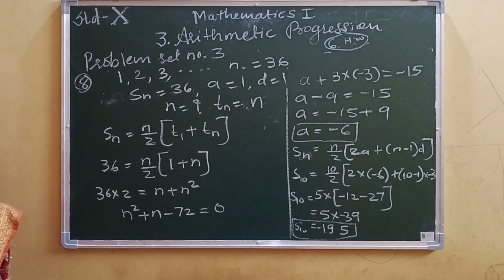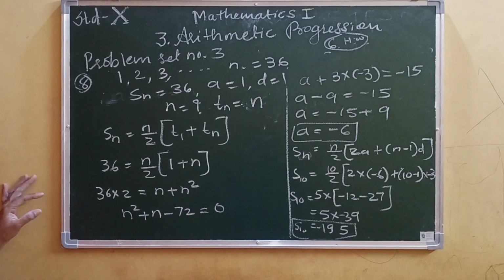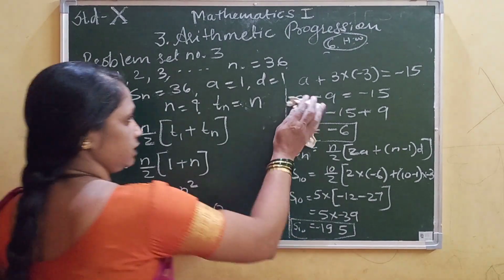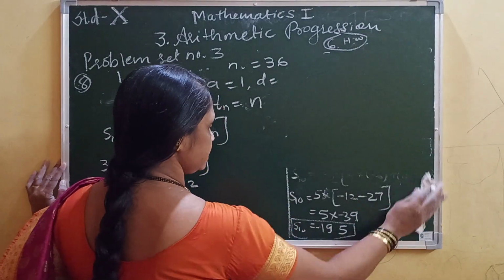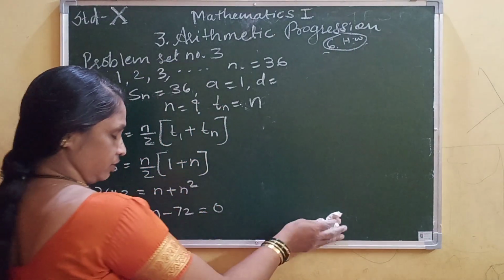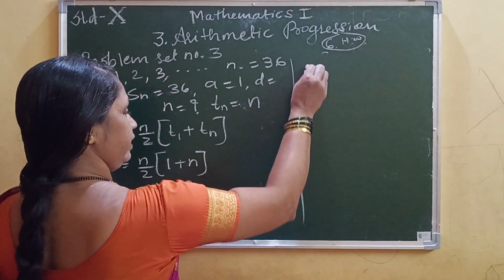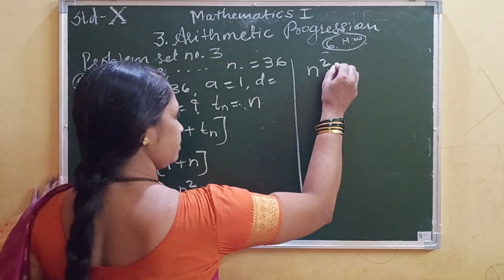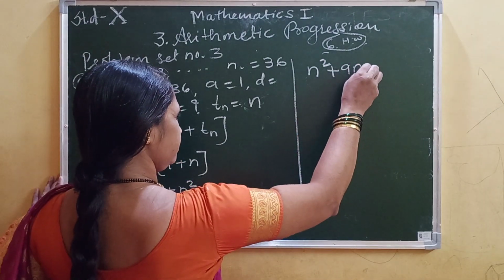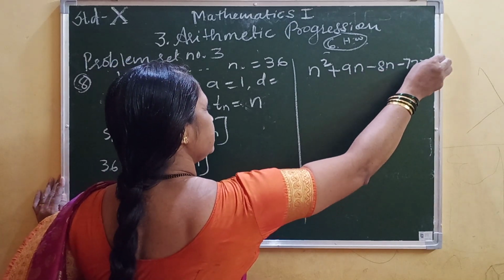Okay. Now what are the factors of 72? It is a quadratic equation, so now you learn to factorize the terms. So n square plus 9n minus 8n minus 72 is equal to 0.